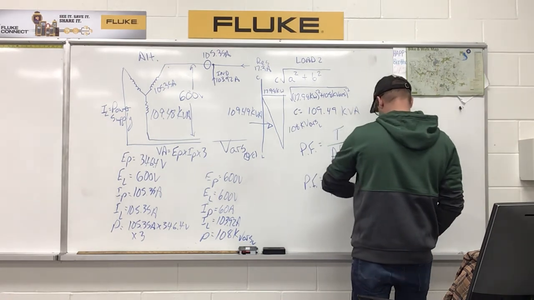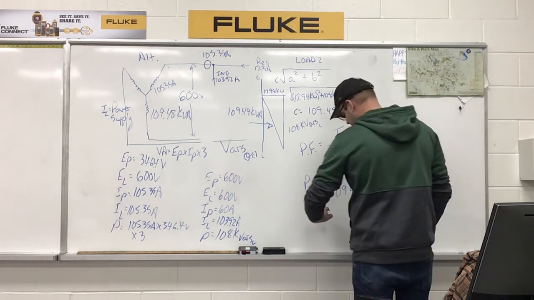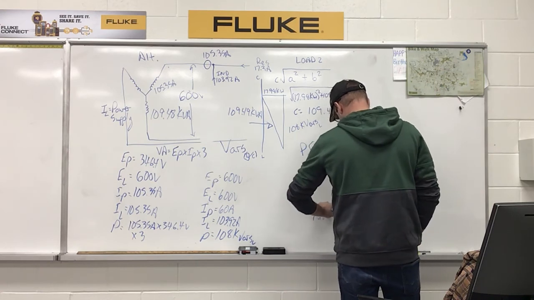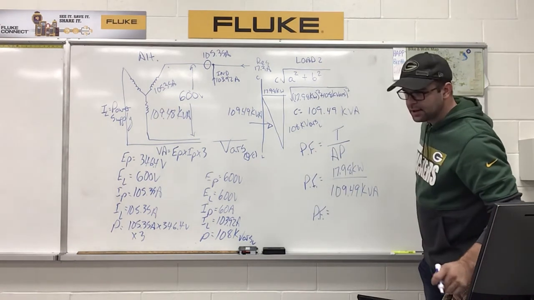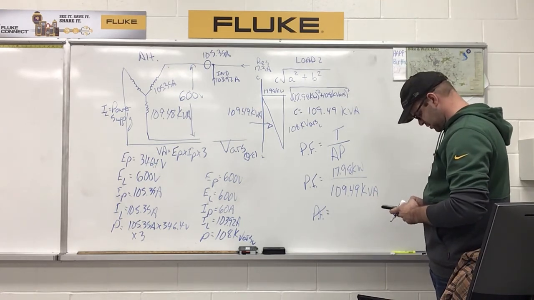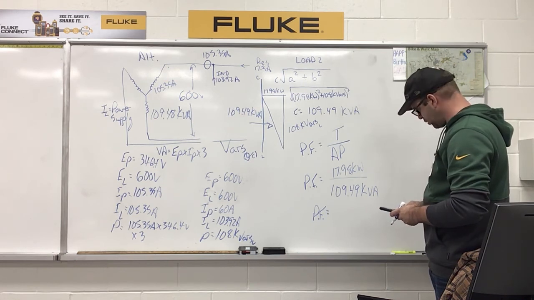And as I said, next class I'm going to have handouts for you. And we end up getting, and I'll move out of the way shortly, if I end up doing this, we have 17.98 kilowatts divided by 109.49.